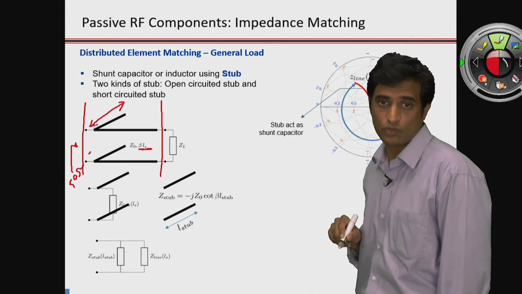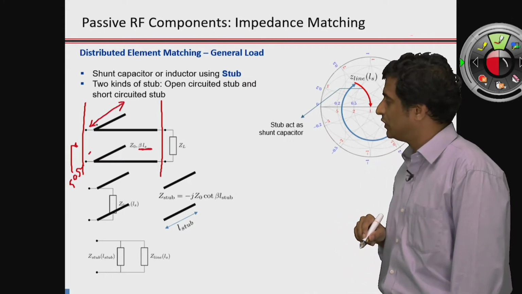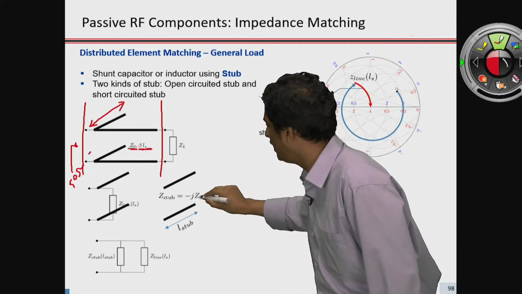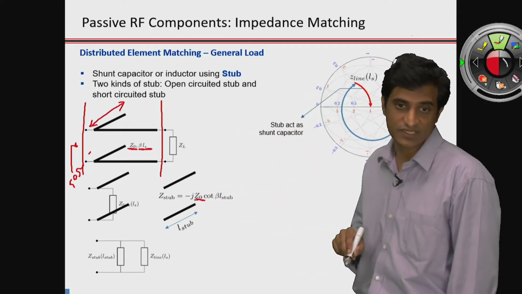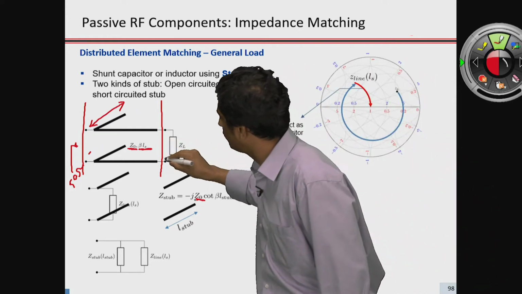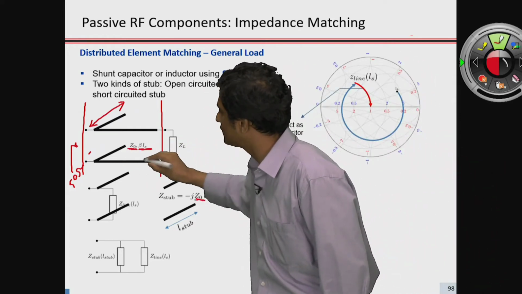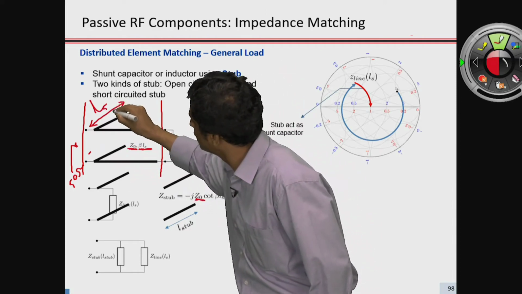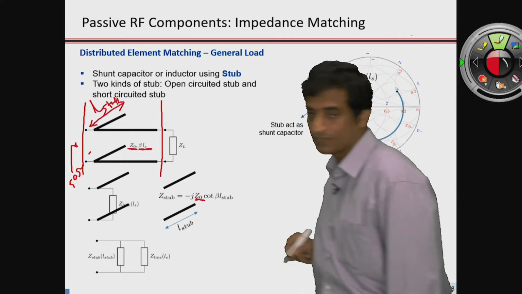Those are the two variables. To keep it simple, the characteristic impedance of the feed transmission line and the characteristic impedance of the stub are fixed the same. So the two variables are the length of the feeding transmission line LS where we connect the shunt stub, and the length of the stub itself.